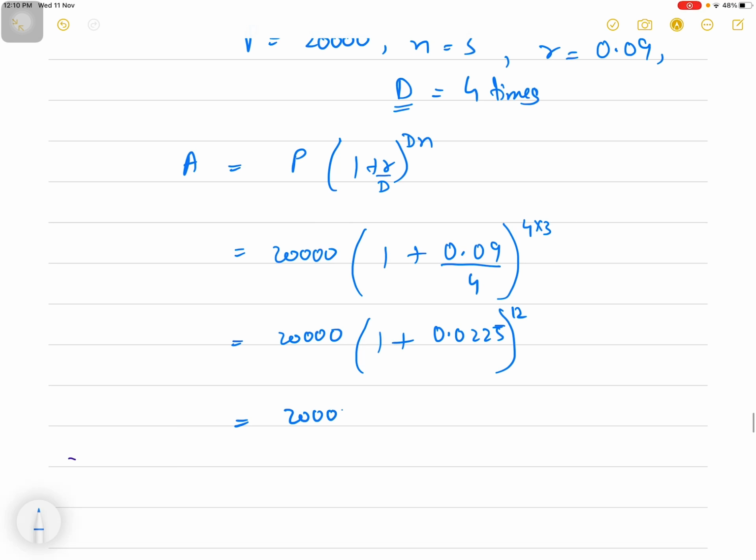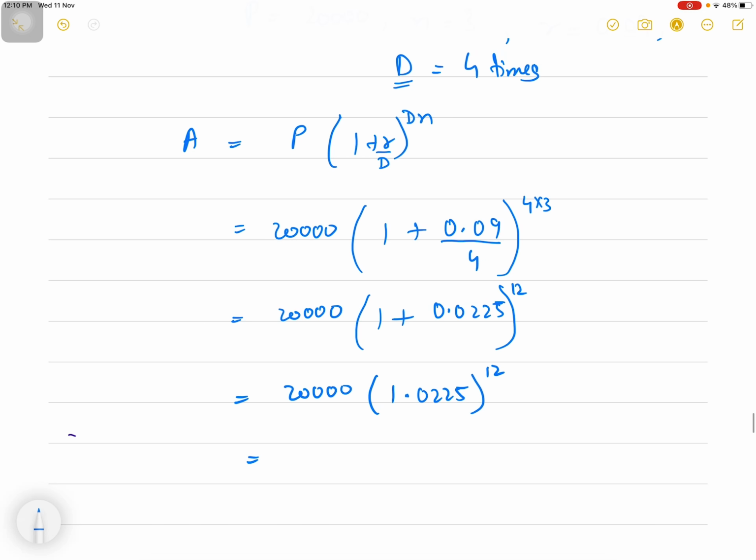So 20,000 multiplied by 1.0225 raised to 12.